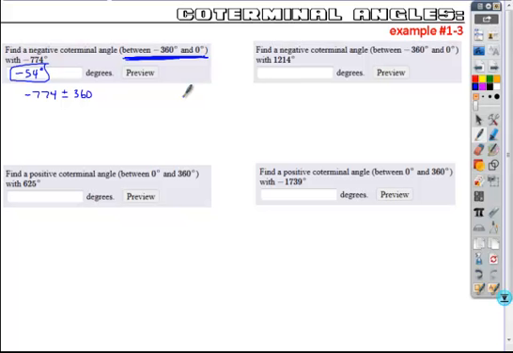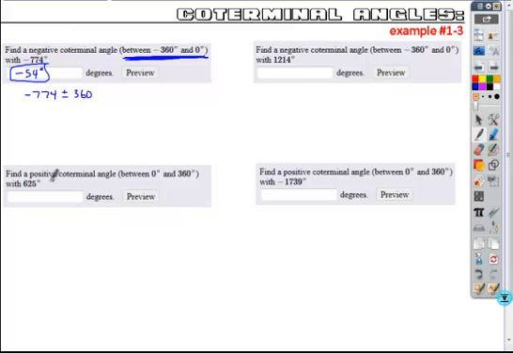On the iPad, it says between negative 360 and 0 is negative 181. I must have fixed that problem; I think I saw that when I was doing the notes, and I replaced it with this one.